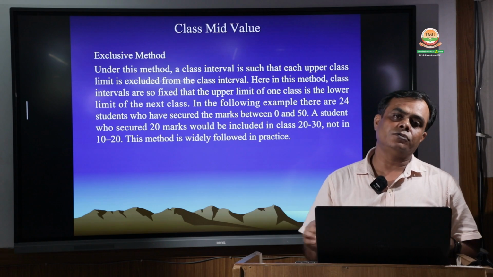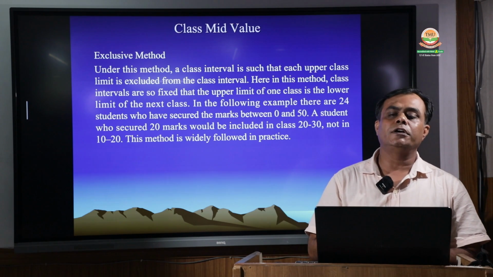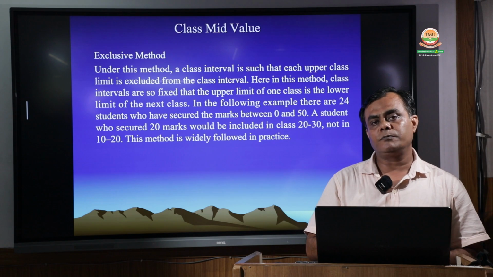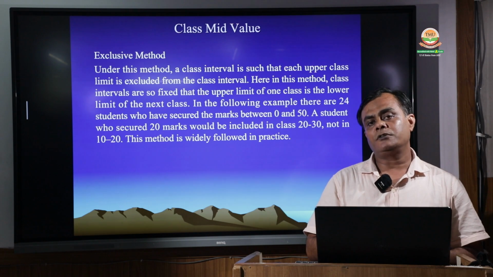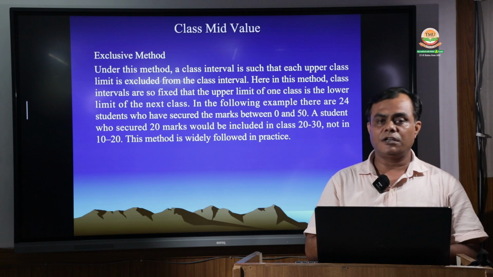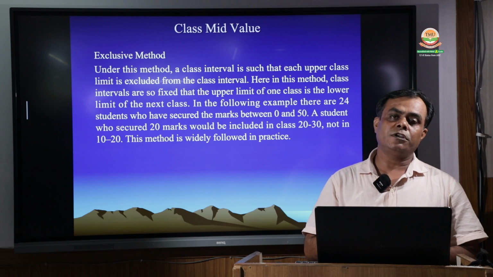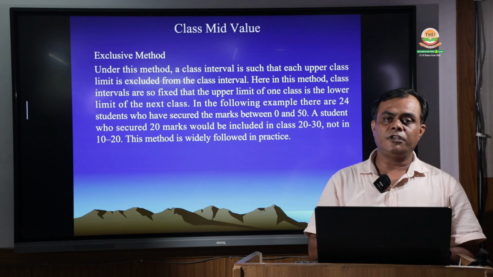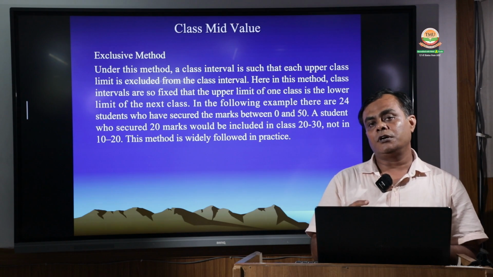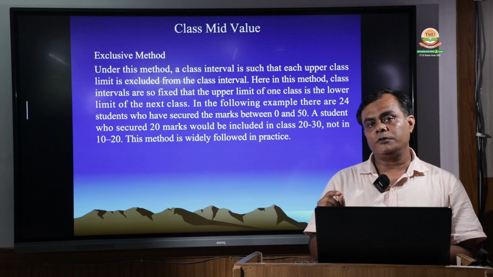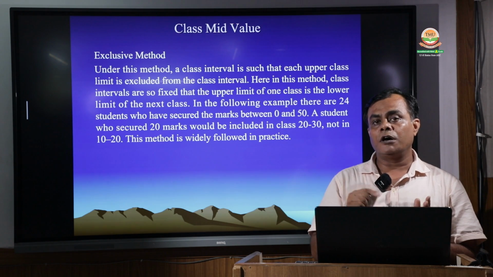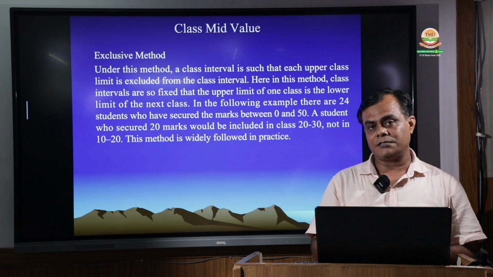So in the exclusive class interval, the upper limit of one class is considered the lower limit of another class. If we are talking about the class intervals of 10 to 20 and 20 to 30, in 10 to 20 the upper limit of the first class interval is 20, but in 20 to 30, 20 becomes the lower limit of another class interval.